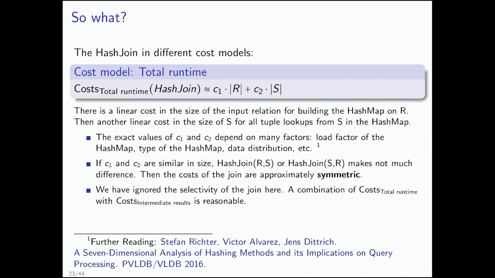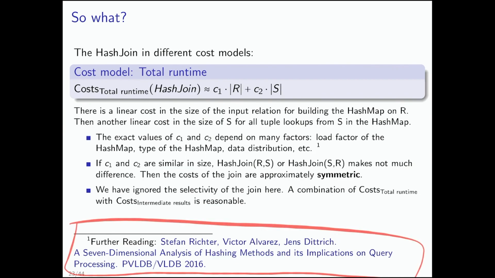And these constants C1 and C2 depend on many, many factors actually. If you learned that, for most hash tables, it's roughly on the order of 0.01. If you look at real implementations of hash tables, there are orders of magnitude difference in performance. We wrote a paper about that a while ago where we illustrate how important it is to pick the right hash table in such a situation.